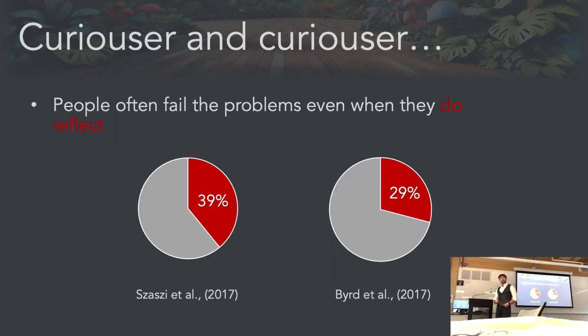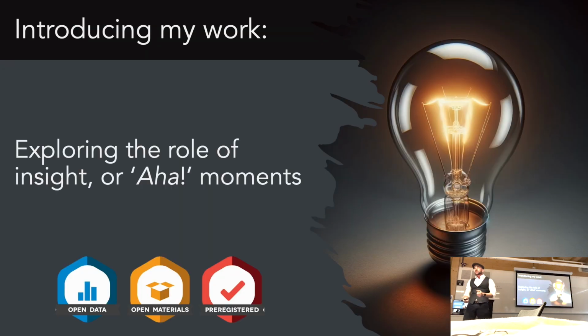There's also evidence that people who fail the problems, nevertheless, through problem solving, actually demonstrate evidence of a reflective process. So we've got these two groups of folks who have either high or low test scores, but these test scores aren't necessarily representing a lot or a little of reflection itself. So this brings me to my work.